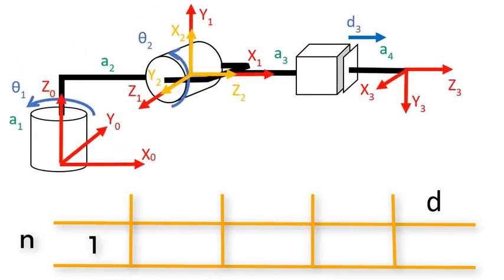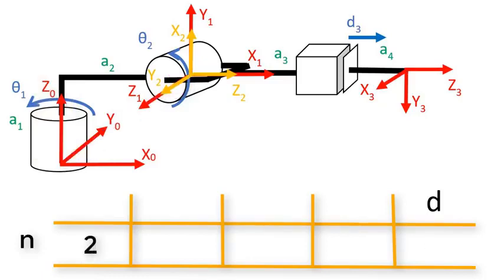So the d parameter here means the displacement from the center of frame 0 to the center of frame 1, measured only in the z0 direction. The component of this vector in the z0 direction is a1, so I'll write a1 in this part of the table.